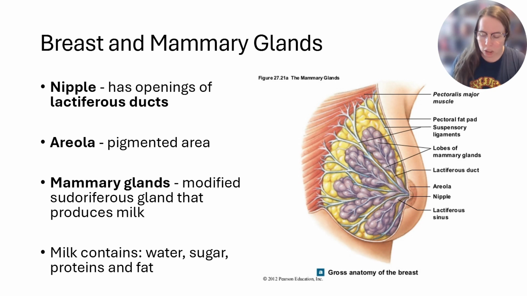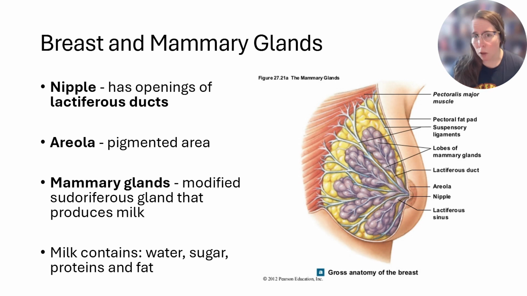But basically, you're going to be producing a fluid that has sugar, fat, protein, water, everything that new baby needs to grow and develop. Some women don't have the ability to produce milk, and that's okay. I was one of them. Formula is totally fine.